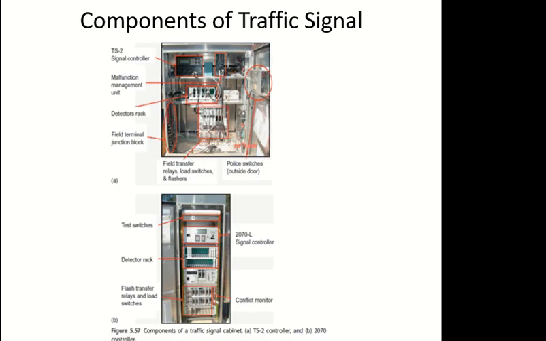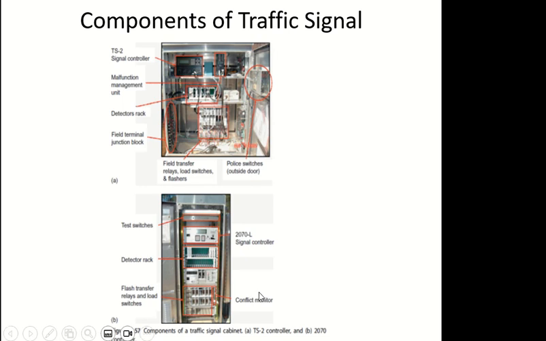Then you have another type of signal controller. You have a controller, but the main thing is it has a conflict monitor as well. So somebody, most probably my student, made a mistake in signal timing calculation or signal timing logic. The conflict monitor will control that. It will make sure that two conflicting movements are not happening together, even if the programmer made a mistake of putting them together.